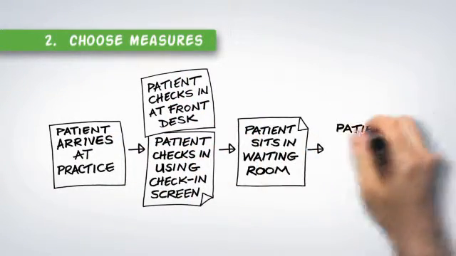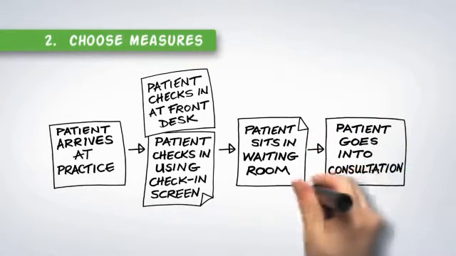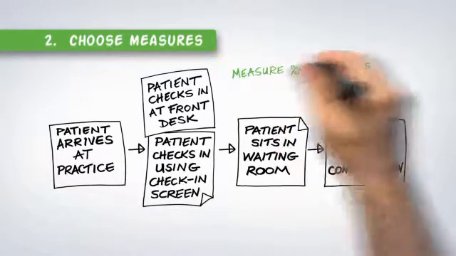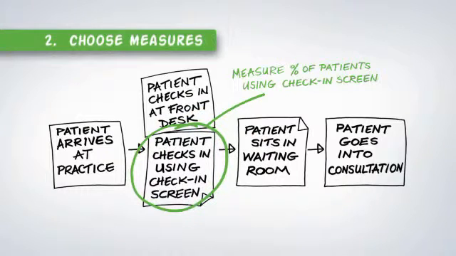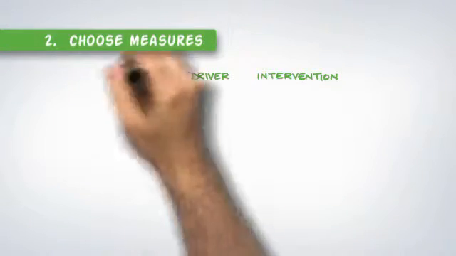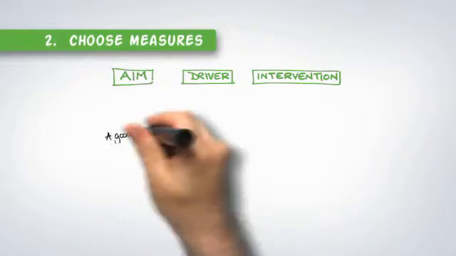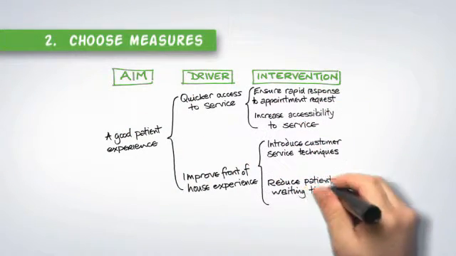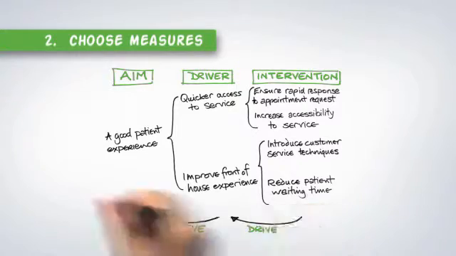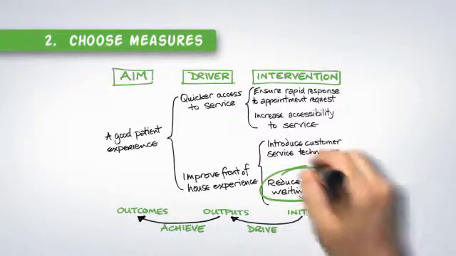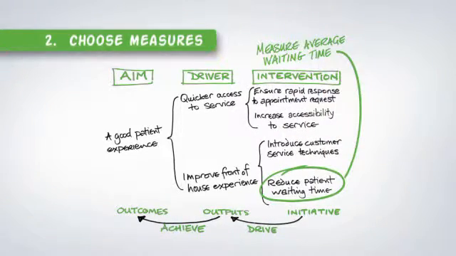Looking at that process map may give you some ideas about where the most important points are that you might want to pick up. The second, if you have constructed a cause and effect or a driver diagram, you can use that as well to focus in on where you might select appropriate measures for your project.